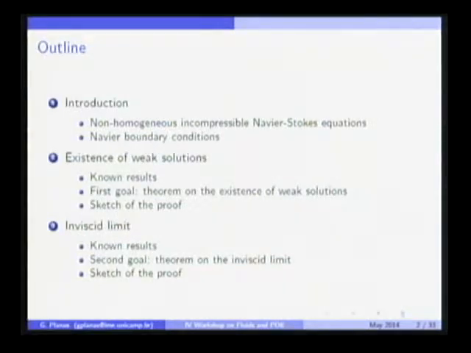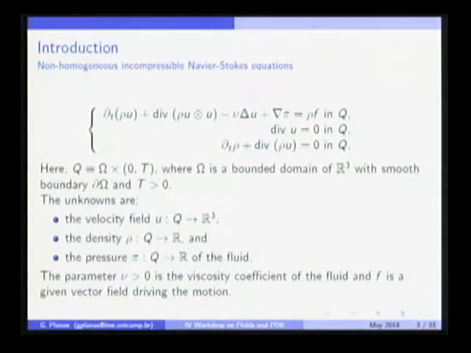Okay, the system we are interested in is the non-homogeneous incompressible Navier-Stokes equation. We have the momentum equation. u is the velocity, rho is the density of the fluid, pi is the pressure. We have the divergence-free condition for the velocity, and the continuity equation for the density.